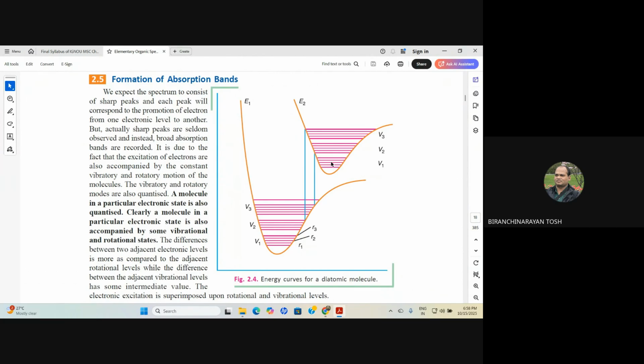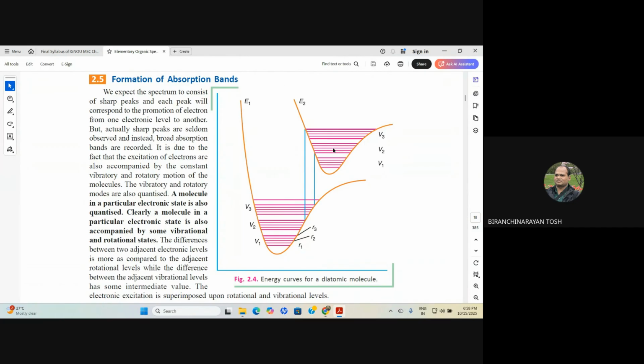But the energy required for a change in vibrational and rotational energy is very small in comparison to the electronic transition. So when an electronic transition occurs, by absorption of ultraviolet or visible radiation, the vibrational and rotational energy levels also change simultaneously, but it is negligible.